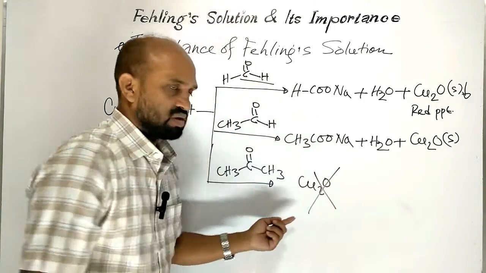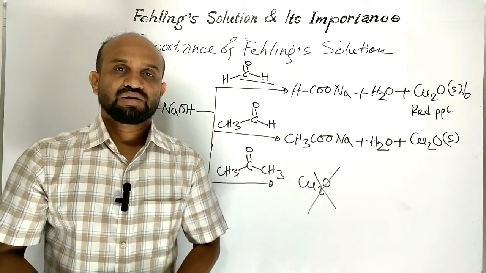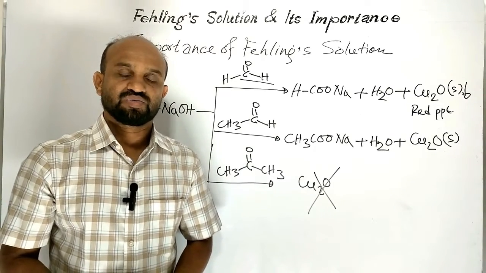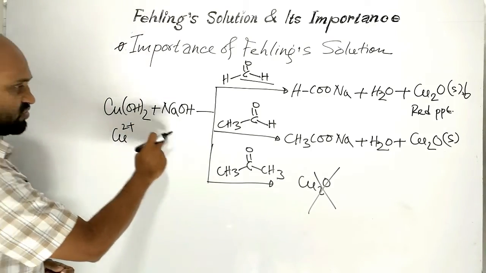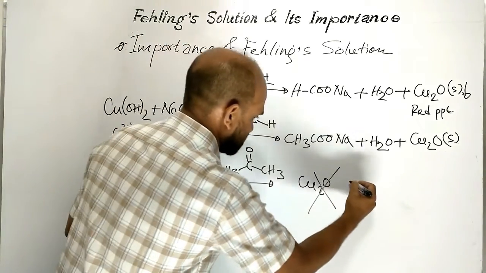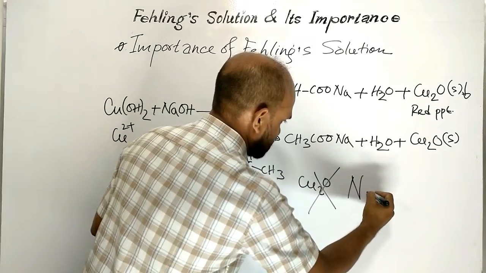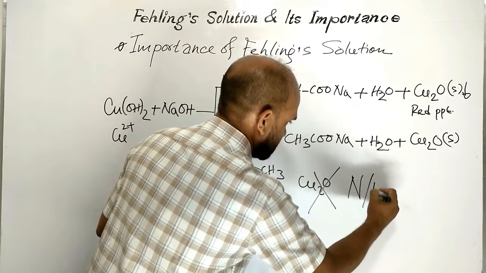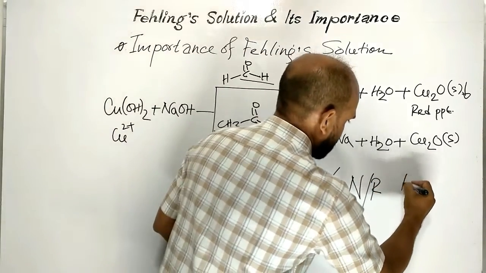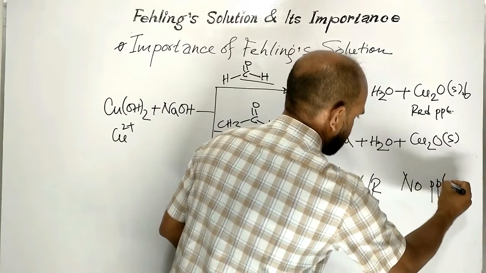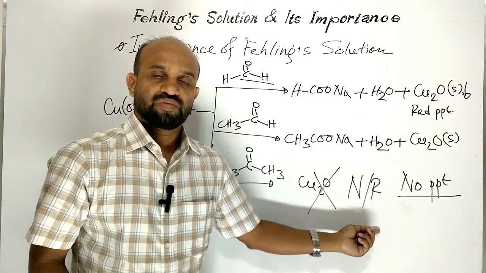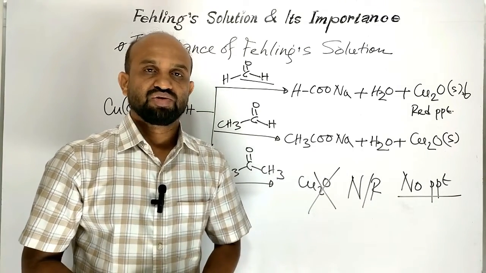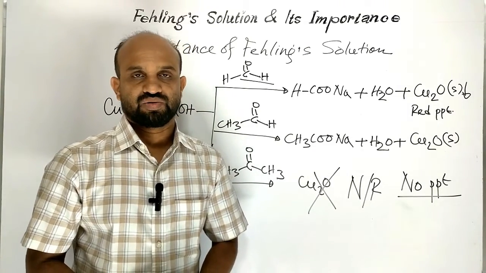In this way, Fehling solution differentiates aldehydes from ketones. Fehling solution doesn't give any reaction with ketones, that is no reaction or no precipitation. This is the way Fehling solution distinguishes aldehydes from ketones.